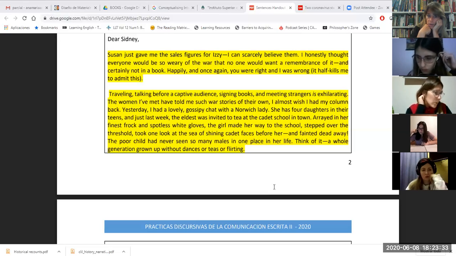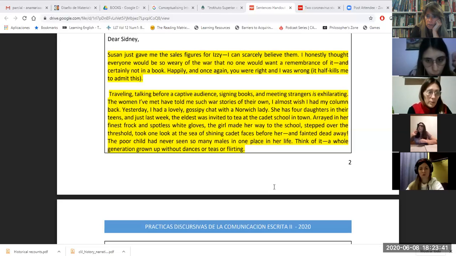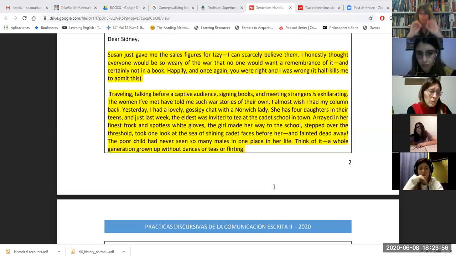Because there are 2 independent clauses. Which are the 2 independent clauses? The first one, the women I've met have told me such war stories on their own. Okay. And the other one, I almost wish I had my column back. So it's a compound sentence. Okay, very good. So far, so good. Wonderful.